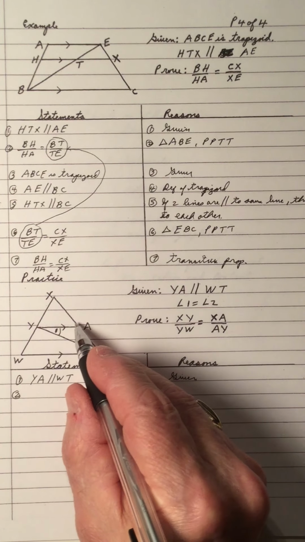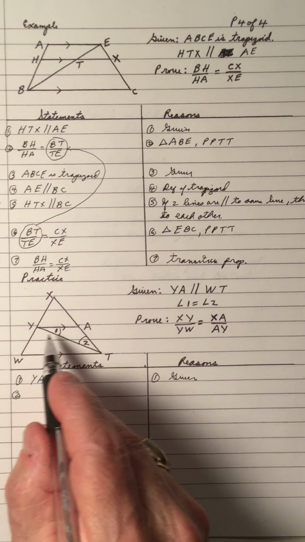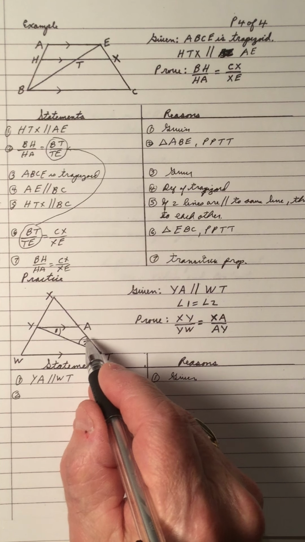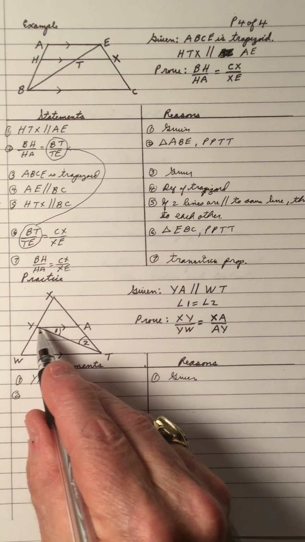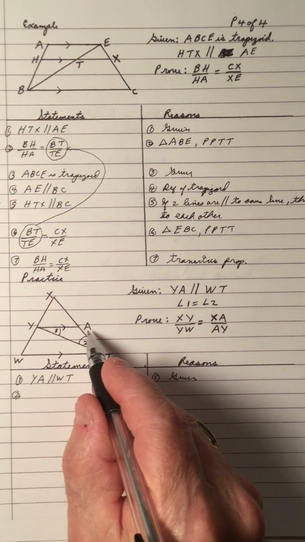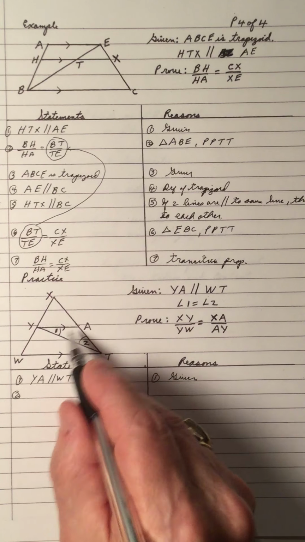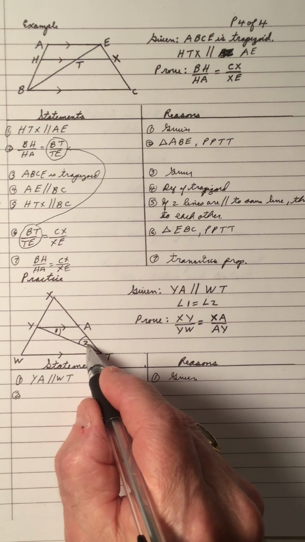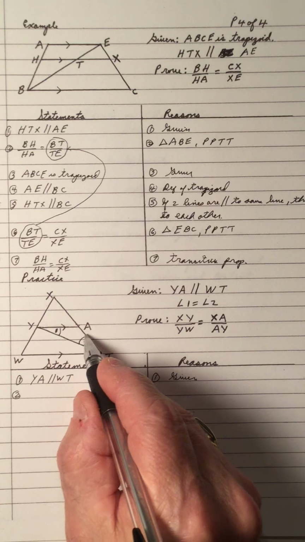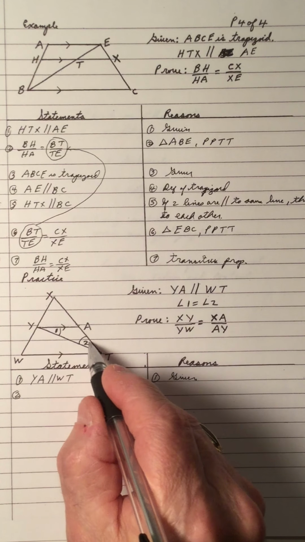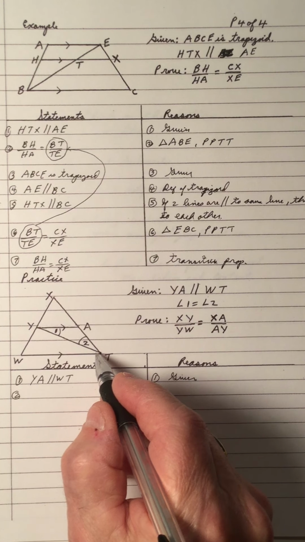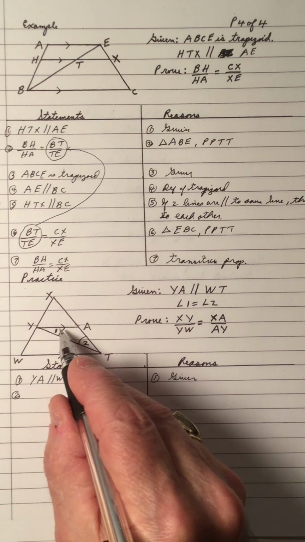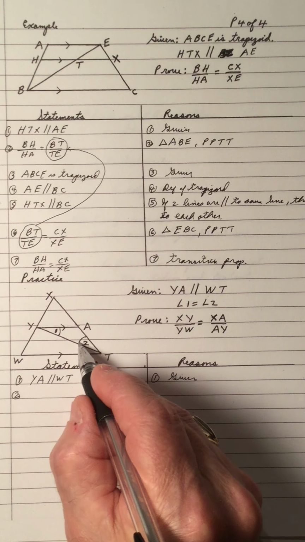So what's happening? I don't have an AT, but I have an AY. That means AY is probably replaced with AT, or AT is replaced with AY. So let's see. If these two angles are equal, that means these two sides are equal. AY is equal to AX, converse of the ITT, isosceles triangle theorem, coming out of the congruent triangles section.